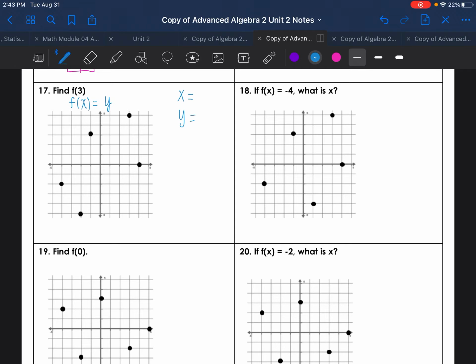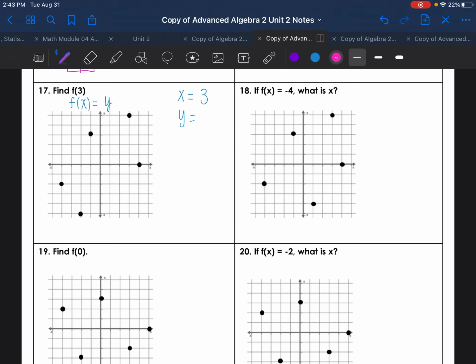If the number is in the parentheses, that's your x. If it's outside of the parentheses, that's your y. So in number 17, is the 3 your x or is it your y? It's in the parentheses, so that's your x. The y value is what we have to find.